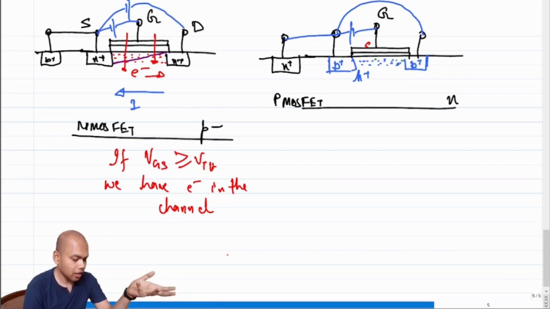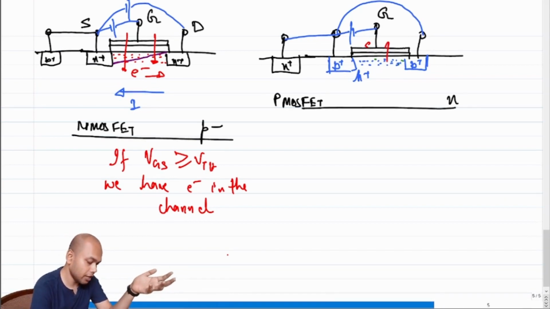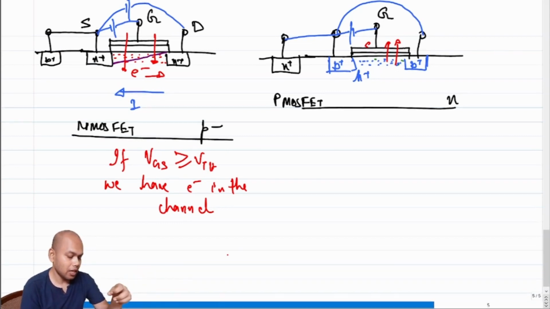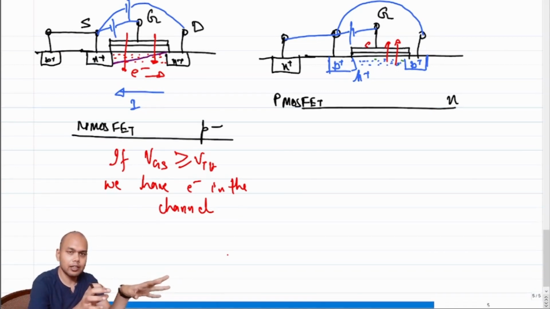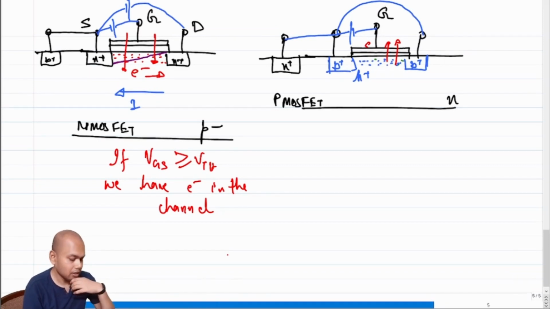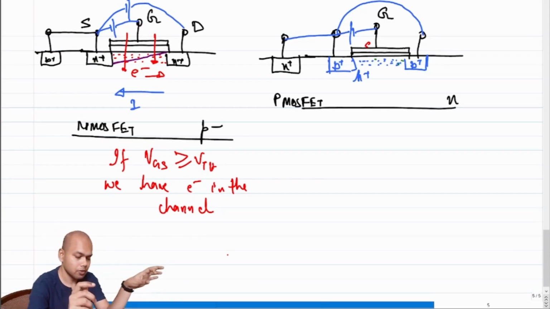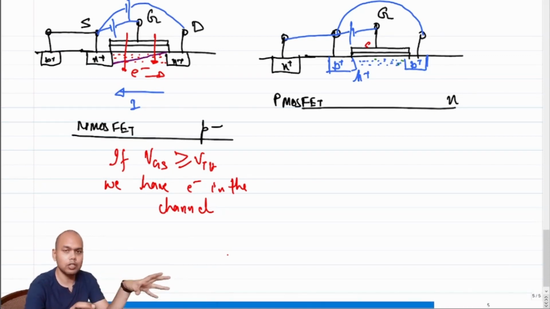If we have an electric field whose direction is reversed, all the holes will get attracted to the channel and the electrons will get repelled from the channel. So eventually we will have a channel of holes, right? A channel of holes that connects these two terminals.